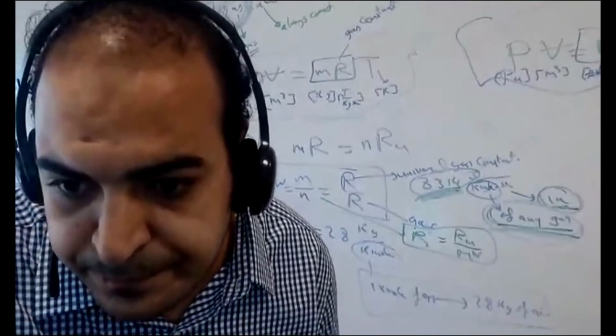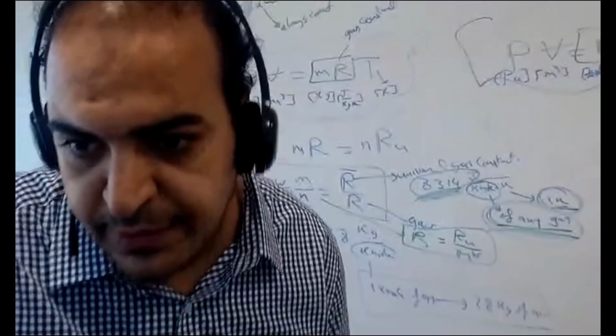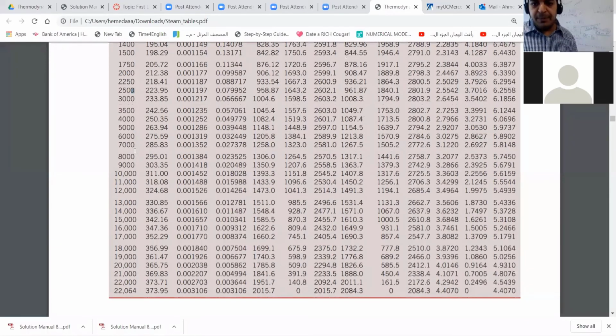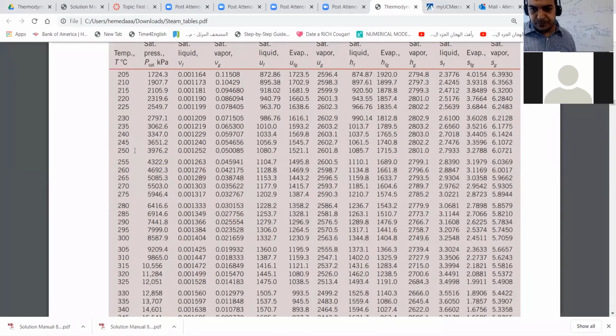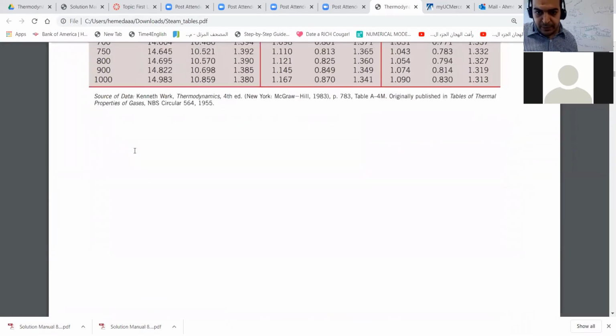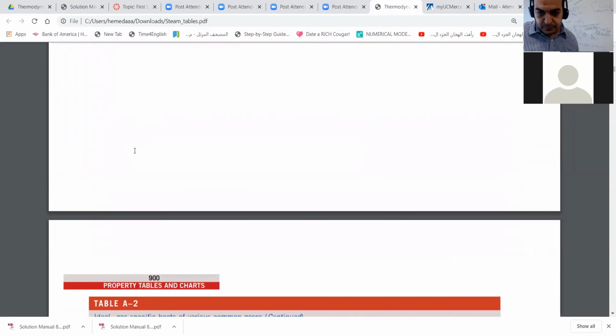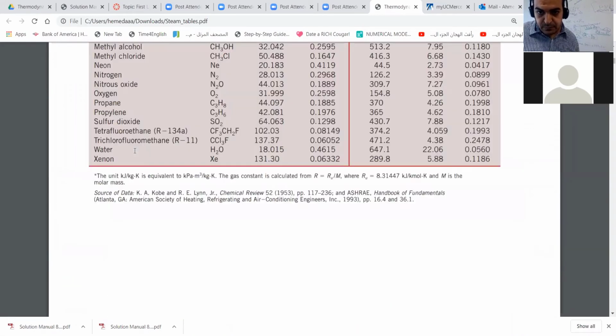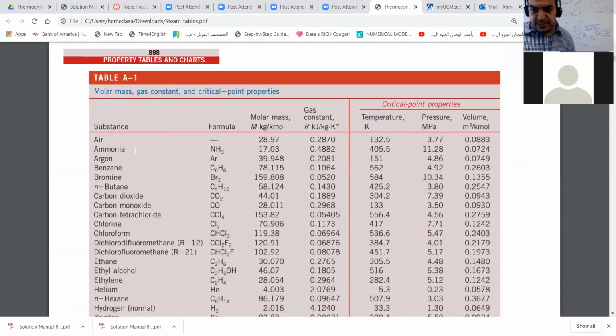Yeah, here. I found it. Okay, here. So if you go up, please, up until table A1, A2. Look at table A1. Can you see table A1 with me?